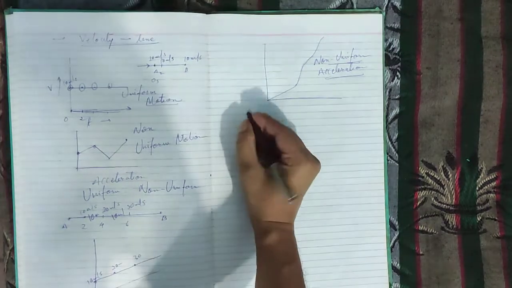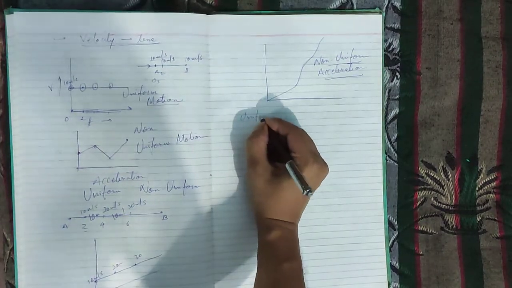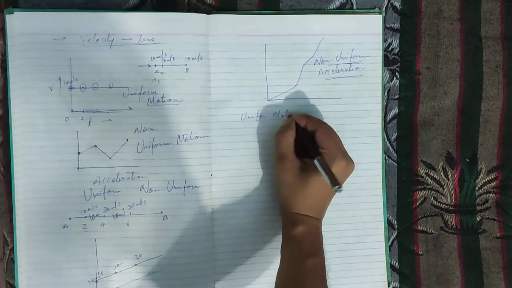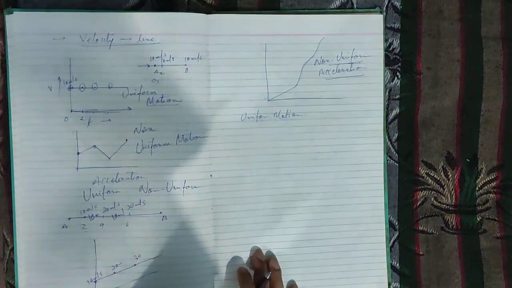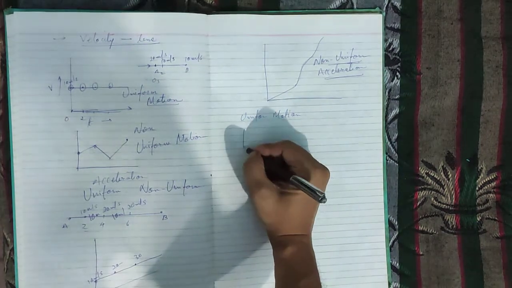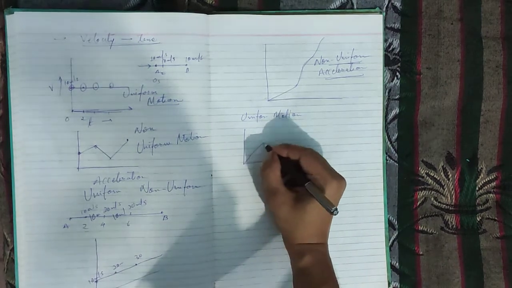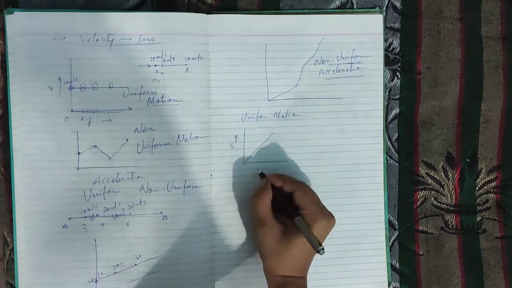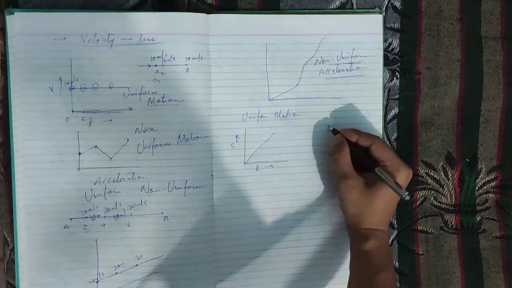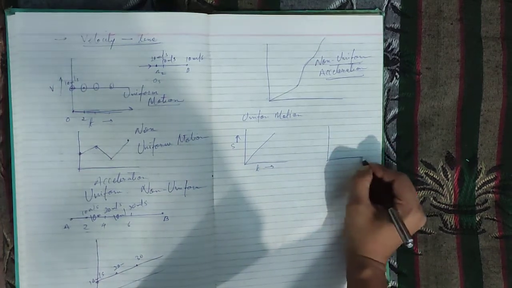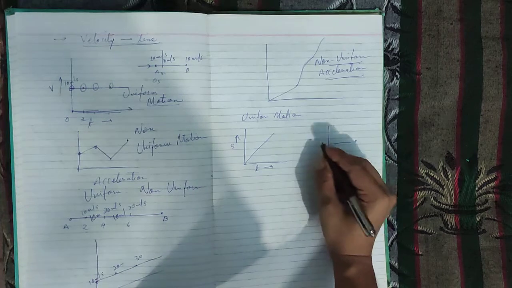The first one is uniform motion. If it is a displacement time graph, then it is like this. This is displacement time graph, and this is velocity time graph.